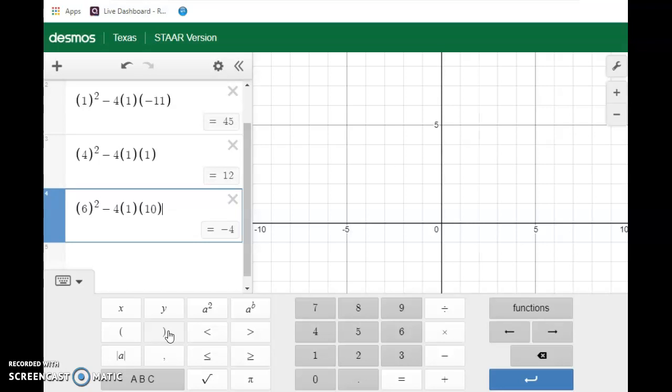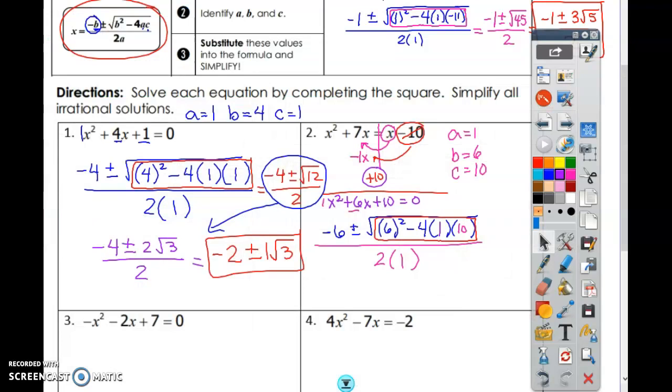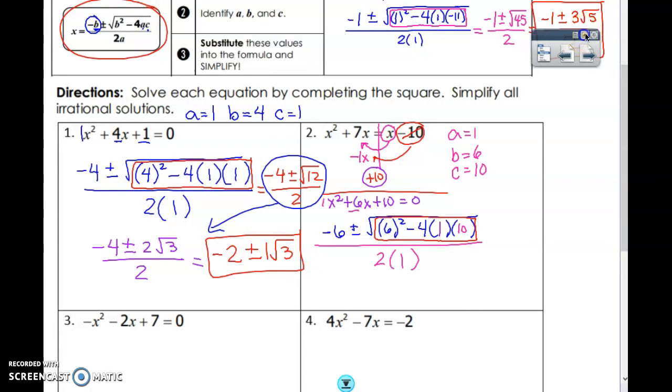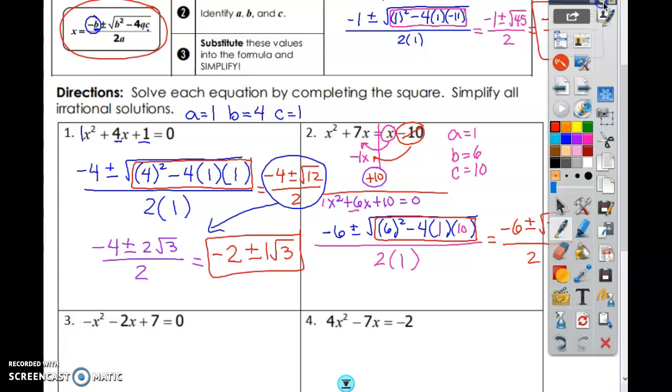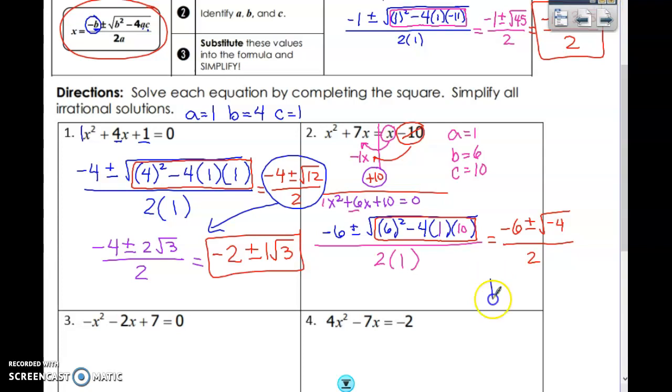Negative 4. So right here, now I have negative 6 plus or minus square root of negative 4 all over 2 times 1 is 2. Pay attention because this has no solution. You know why?